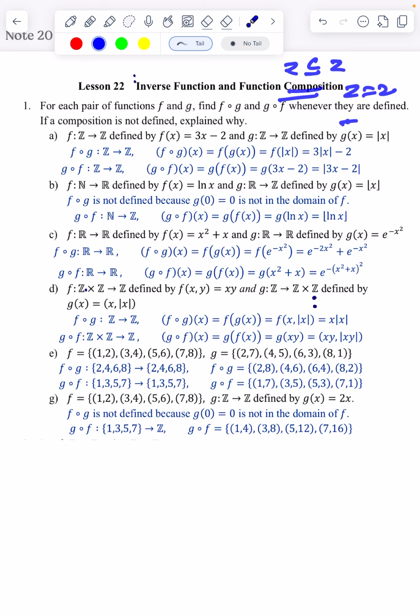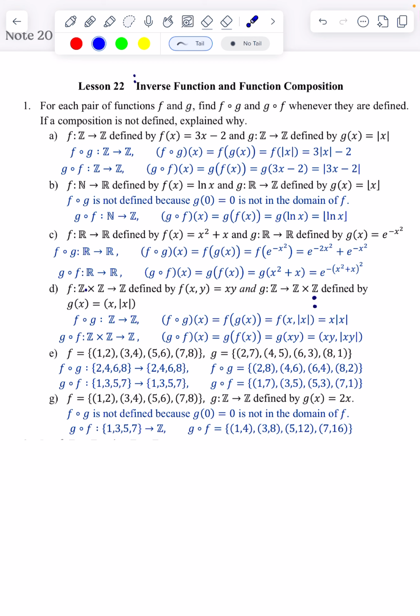Z is equal to Z, or a subset also. Then only we can say the composite function is well defined. So in this question, the domain and codomain for the first and second functions are given the same. That's why these two composite functions are necessarily defined.